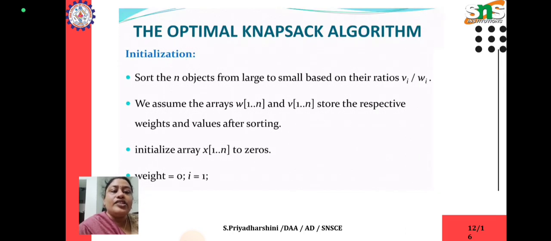For initialization, we sort the n objects from large to small based on the ratios Vi divided by Wi. We assume the arrays store the respective weights and values after sorting. We then initialize the array to zeros, weight equal to 0, and the iteration value i equal to 1.